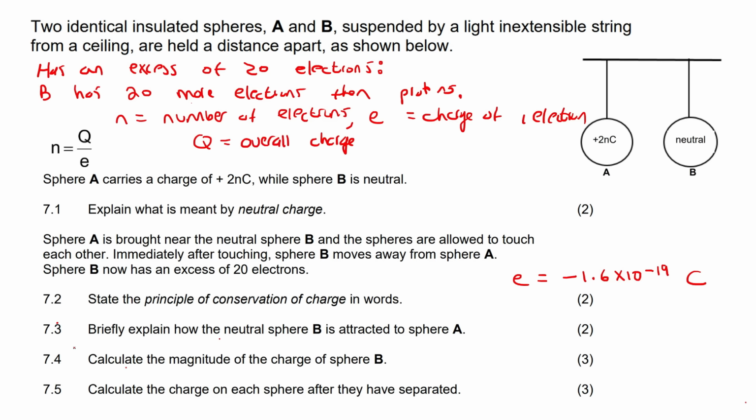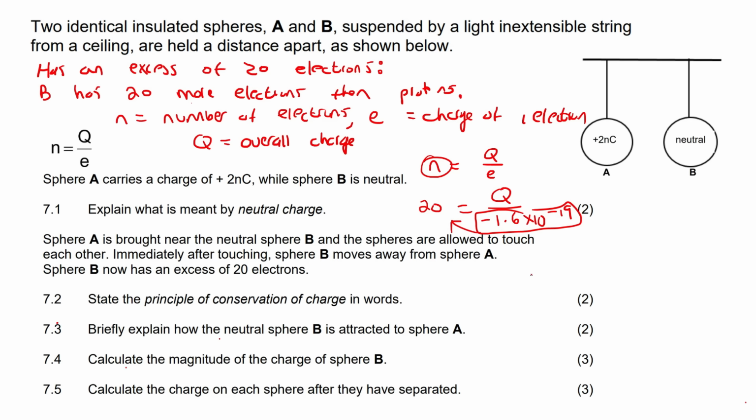That's what they're asking us to calculate. So we can say N equals Q over E. The number of electrons they told us is 20. The Q we don't know. And E is negative 1.6 times 10 to the negative 19. Now remember, to get Q by itself, you multiply this value up over there.